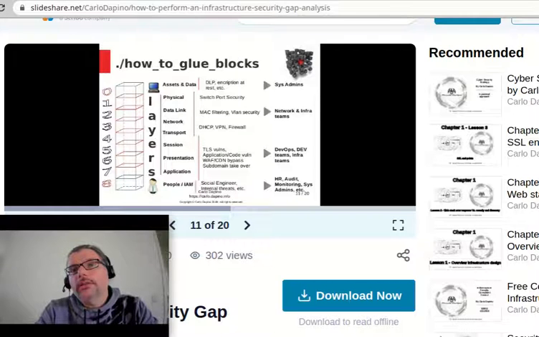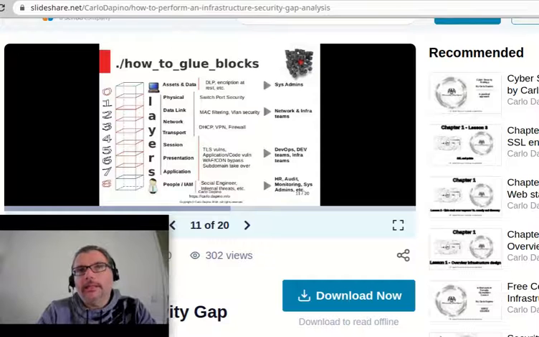And so you need to add that into your security architecture thinking. And connect the dots means exactly that.